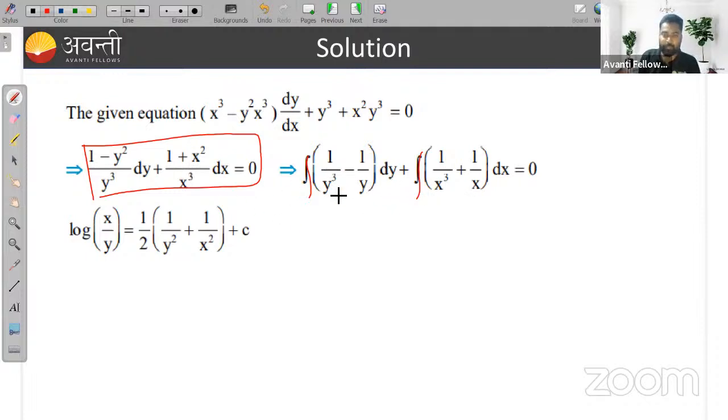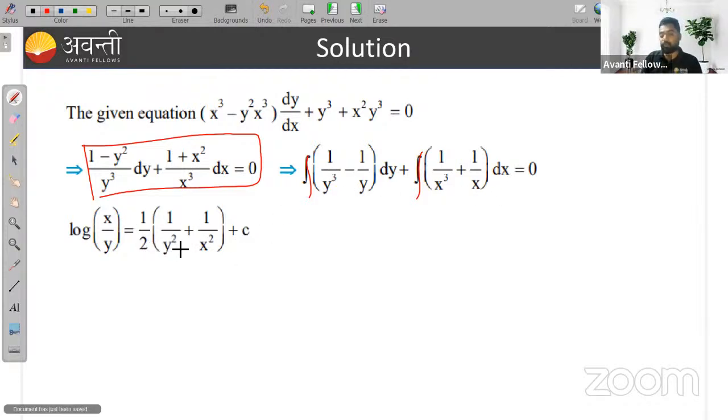After integration, what will you get? The integration of 1 upon y cube is y to the power minus 3 if you use the power rule, so that will be minus 1 upon y square into 1 by 2. And if you integrate 1 upon x cube, you get 1 upon x square. From both of these, we take 1 by 2 as common.